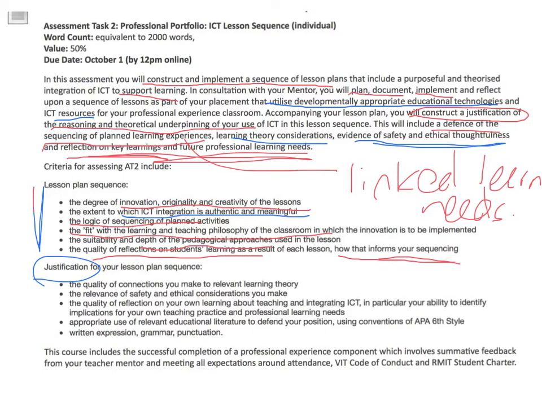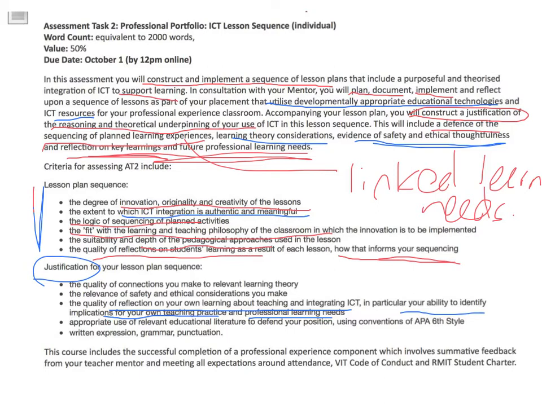So what we're looking for in the justification is really a reflection on your own learning about teaching and integration of ICT, particularly your ability to identify implications for your own teaching practice and professional learning needs. Why did you choose the ICT integration that you chose?